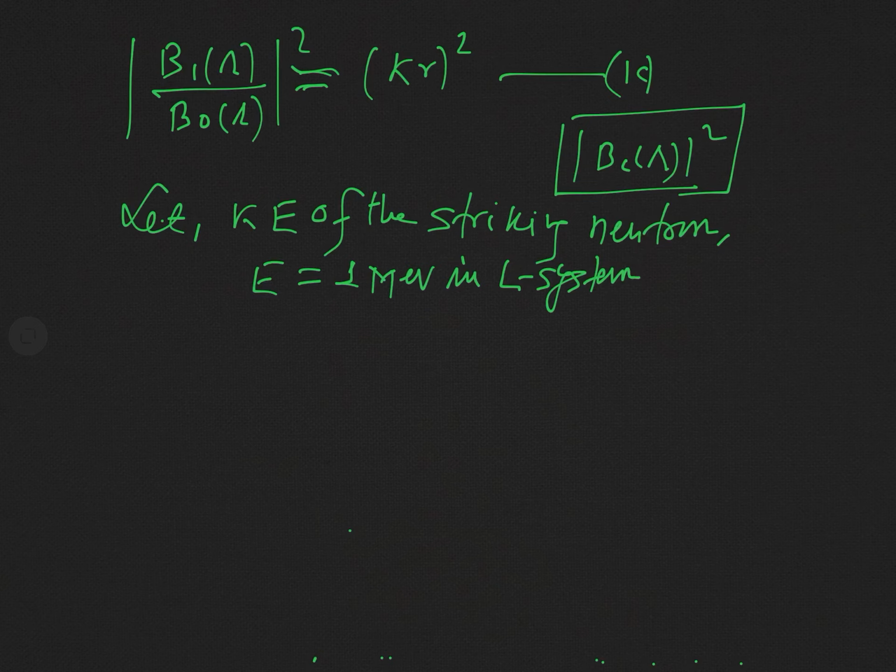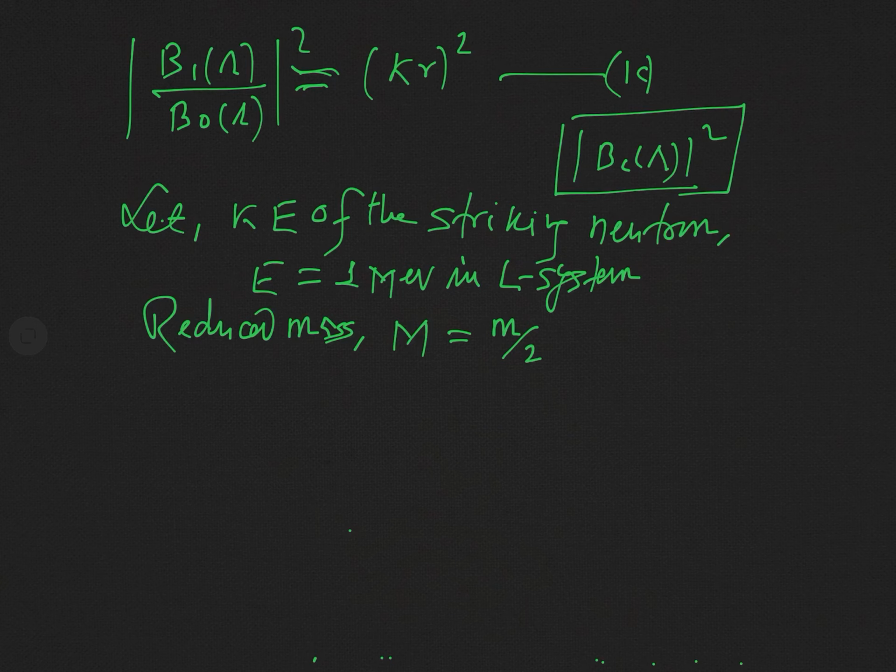And you know, if we transform this value to the CM system, then we will have to take the reduced mass instead of the mass of the neutron. And you know, the reduced mass of this NP system is what? The reduced mass, which I have just written by the symbol capital M, is in fact m by 2, where m is the average mass of the nucleon, that is, the mass of a neutron or a proton.